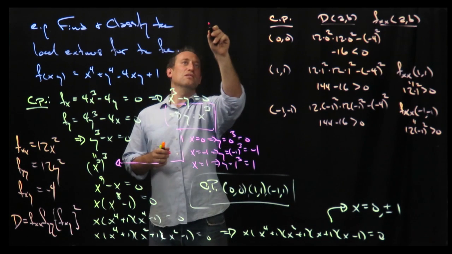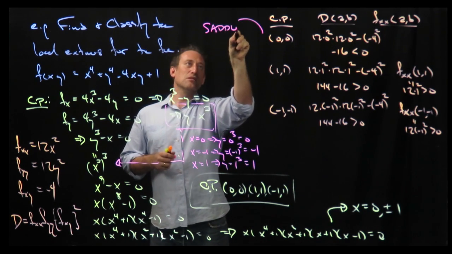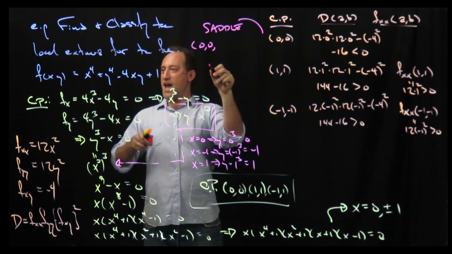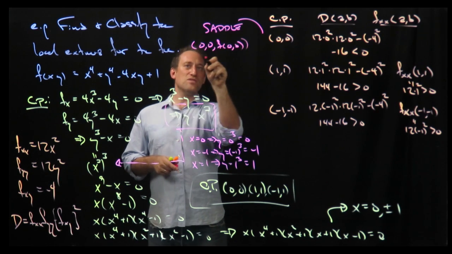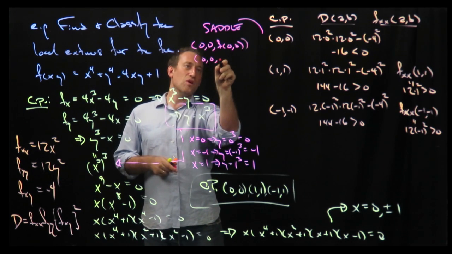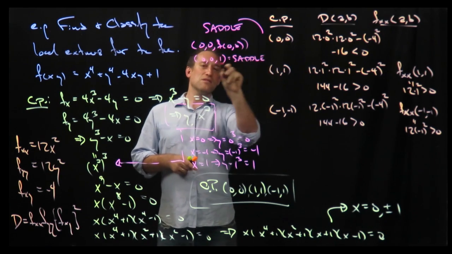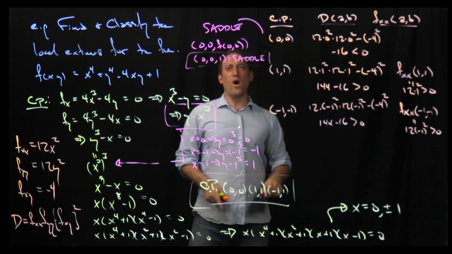Namely, this tells me saddle at (0, 0), and f of (0, 0) will be 0, so (0, 0, 1)... saddle. What about (1, 1)?